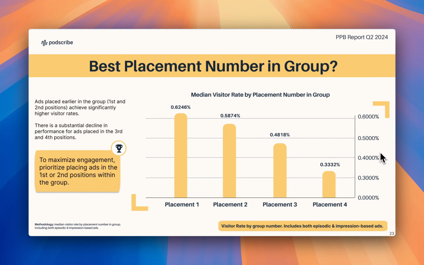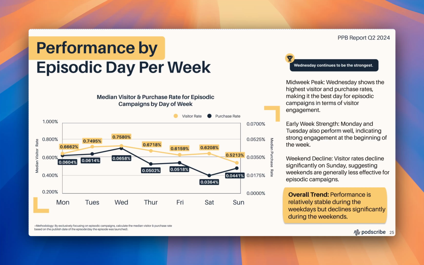So exactly. Cool. All right, day of the week, again, just high-level performance here. Matt or Pete, I want to talk about the findings that we've continuously seen quarter over quarter. Yes, so basically every benchmark we put out, Tuesday or Wednesday is the highest day on average for performance, both purchase and visitor rate.